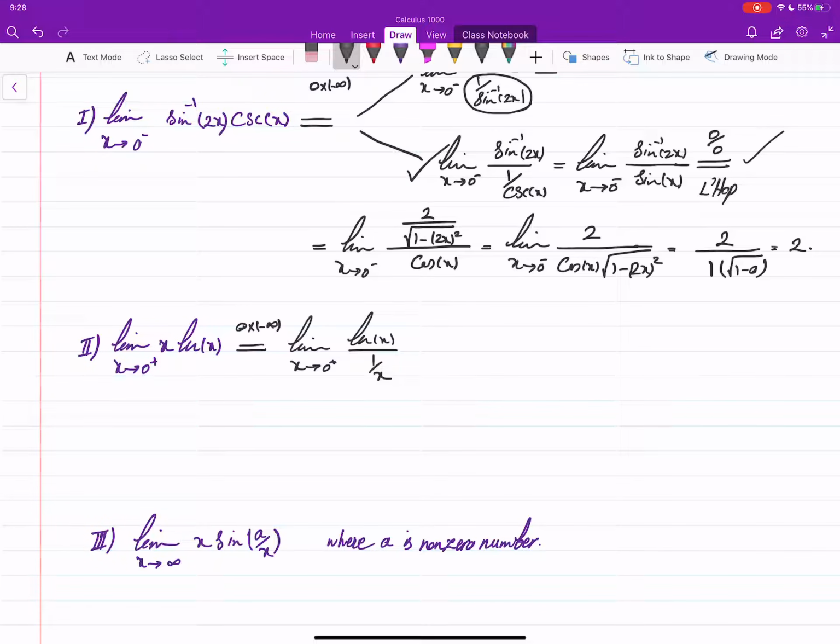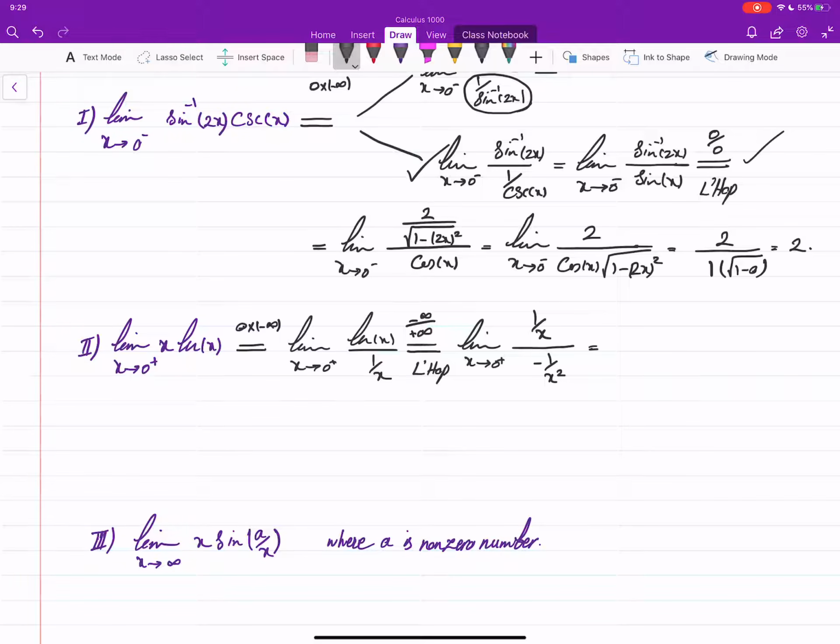So in this case, I will go with this one, which actually is negative infinity over plus infinity, infinity over infinity, and I can use L'Hopital's rule, which gives me derivative of ln x is 1 over x, and derivative of 1 over x is negative 1 over x squared. Very nice.